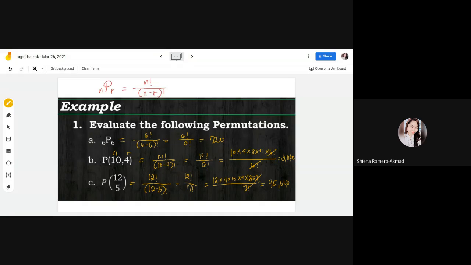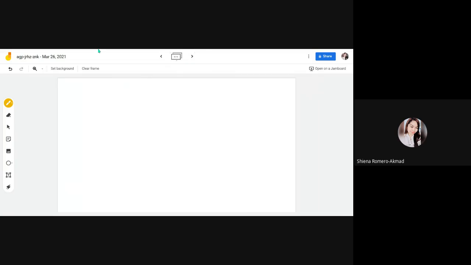Let me screenshot the examples first, then I'll teach you how to solve it. So we are going to solve for the unknown of this.